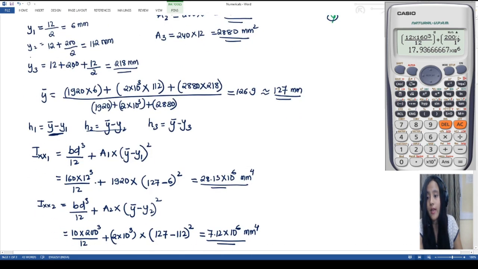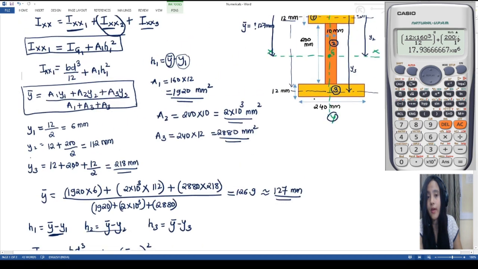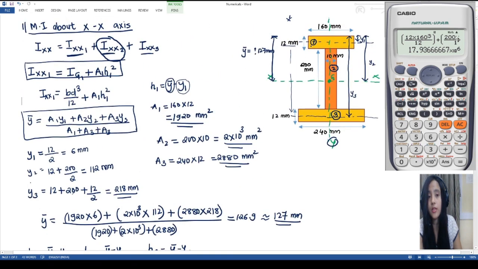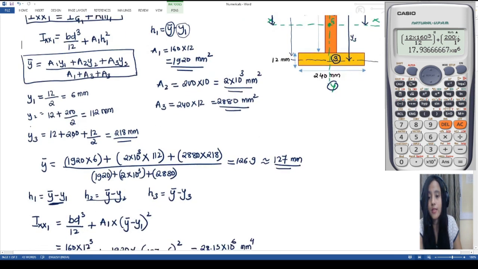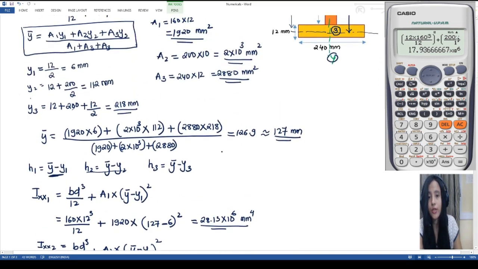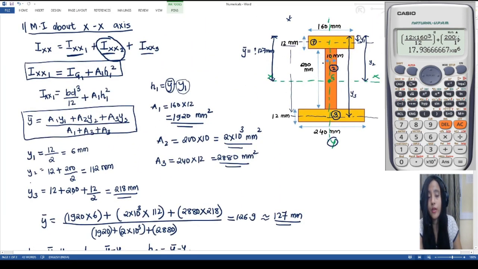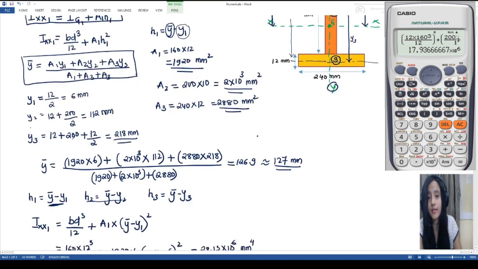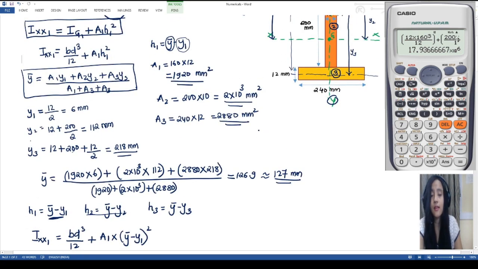You can find Ixx by dividing the symmetrical I section into sections 1, 2 and 3 and finding the moment of inertia about all three sections. But you cannot find the moment of inertia of an unsymmetrical I section in the way you have found it for a symmetrical I section for the Ixx axis.